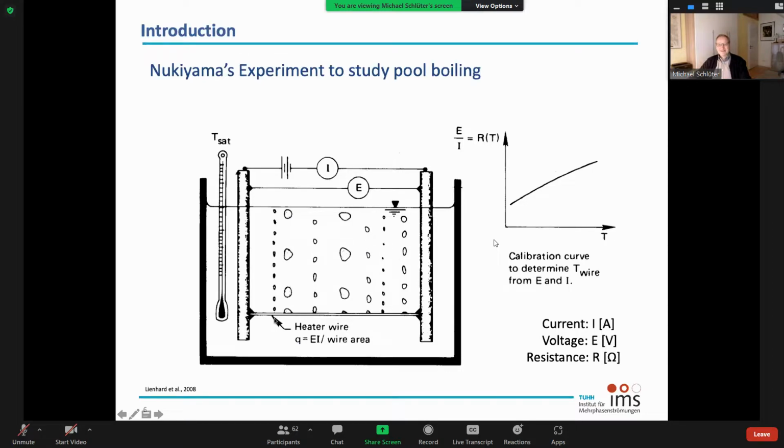So it's very nice to understand with this very simple experiment, and this is the experiment that has been derived by Nukiyama. So it's a Japanese researcher who derived this nice experiment, and it's a very simple experiment. So we have a water basin here, and in this water basin, we have a thermometer to measure the temperature. So we can measure the saturation temperature here.